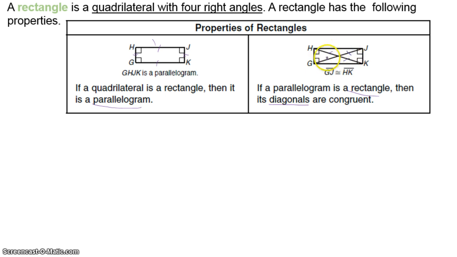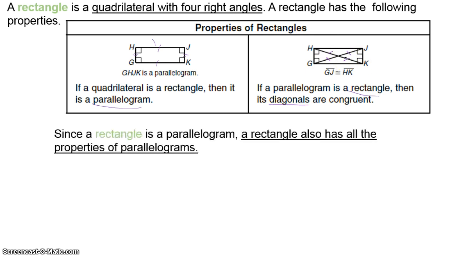So I'm just going to put in those tick marks. Okay? And if you look at that, do you see some isosceles triangles working in there? I hope you do, because we'll look at those later on. All right, so the other thing I want to point out is, since a rectangle is a parallelogram, don't forget all of those properties of parallelograms it has as well.